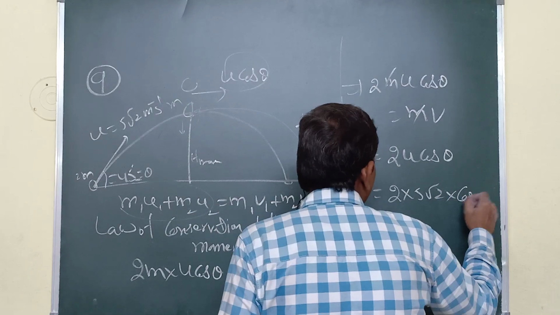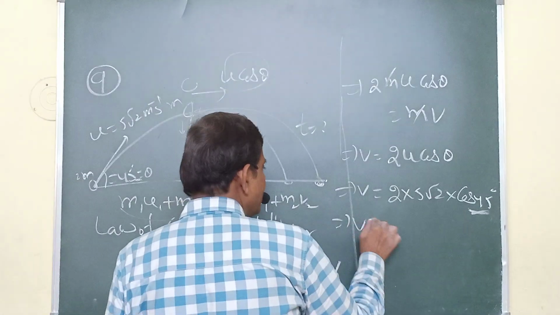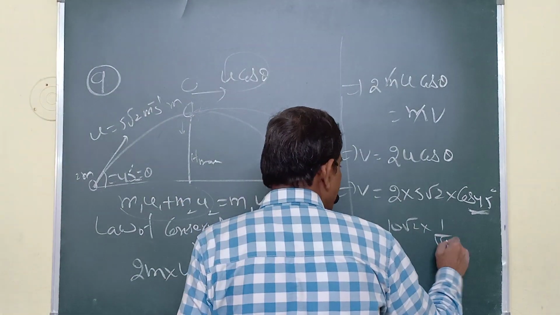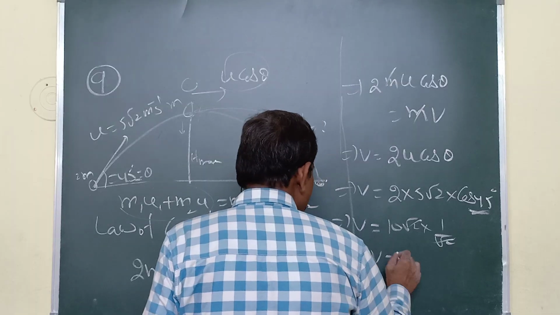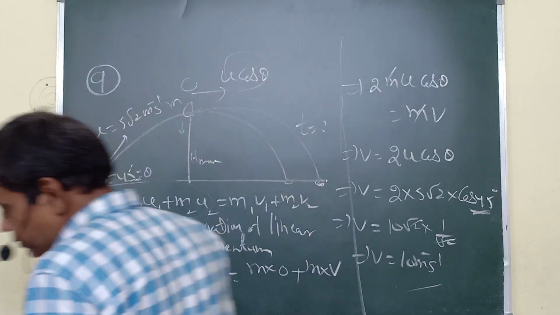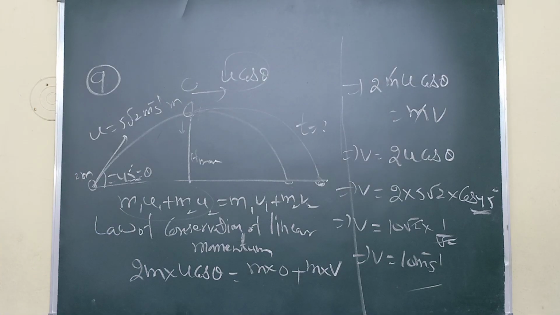Cos 45 is 1 by root 2. So v equals 10 root 2 into 1 by root 2. What is the velocity? 10 meters per second. Another particle's velocity is 10 meters per second. So that is the second particle's velocity.